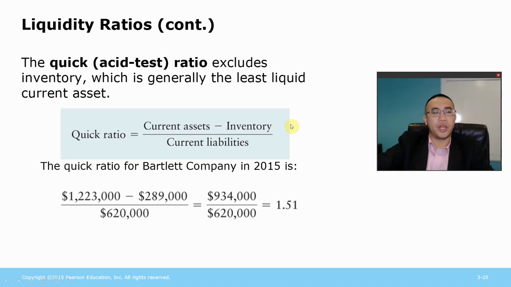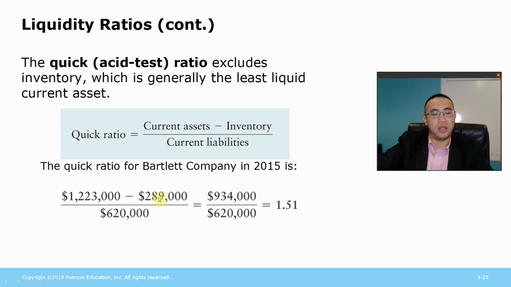Another liquidity ratio here is the quick ratio or acid test ratio covered in your accounting class. In this ratio, there is an adjustment to the current ratio. You're subtracting inventory from current assets. You know that current assets include inventory, so if inventory is excluded, then only cash, accounts receivable, and marketable securities are left.